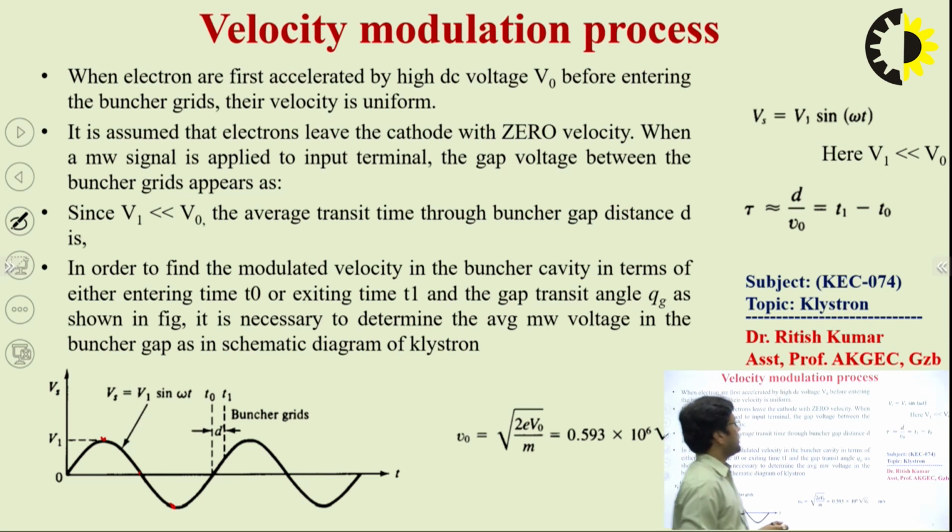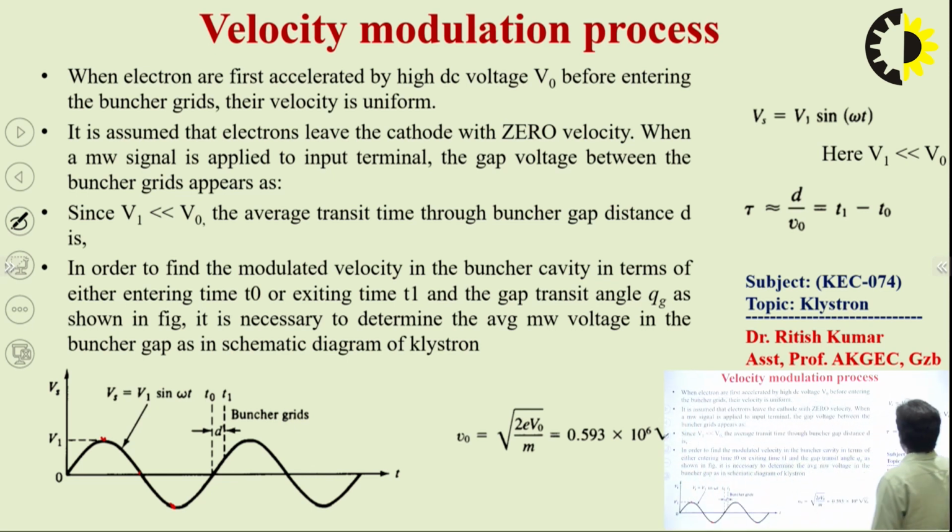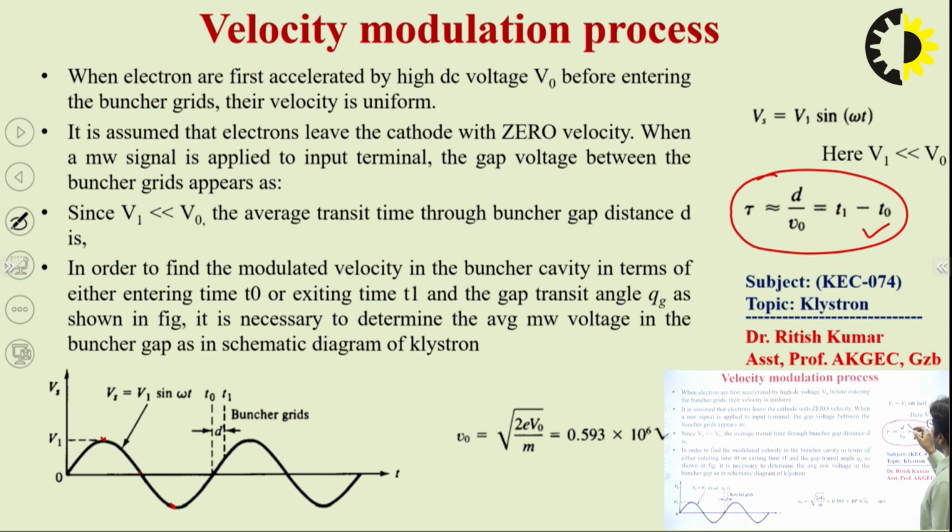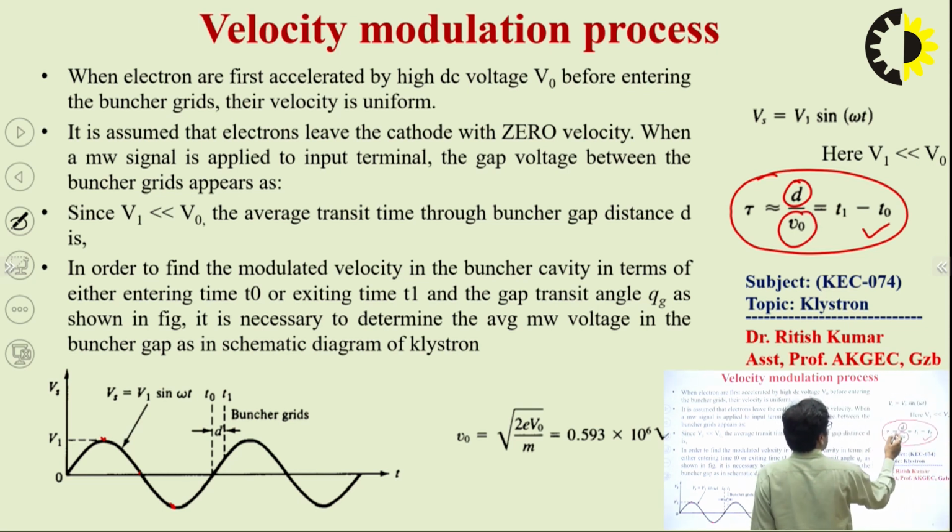Now, the transit time of the electron movement in the buncher cavity is represented by tau equal to T1 minus T0, as we discussed in the last slide. The gap between the cavities is d, and the velocity of the electron before entering the cavity is v naught. That's why the transit time is equal to d by v naught.